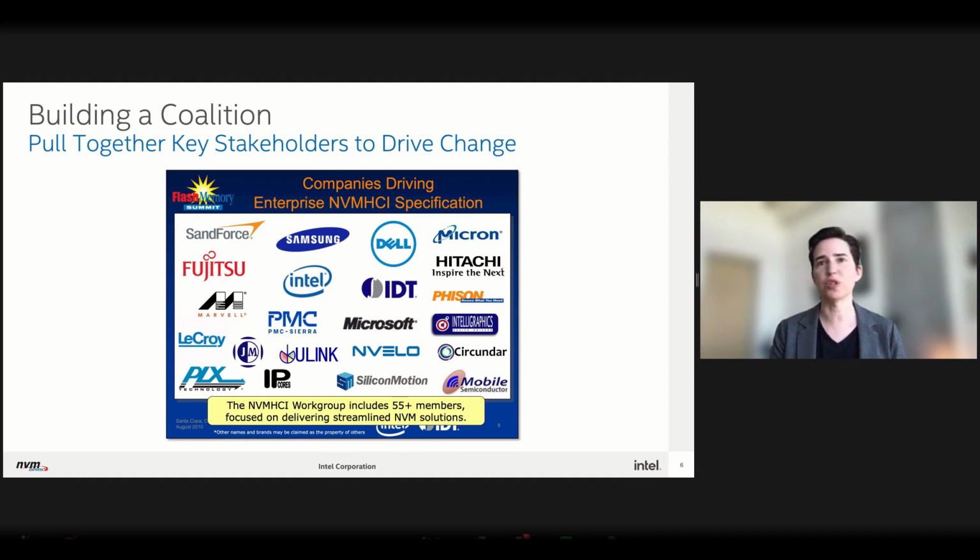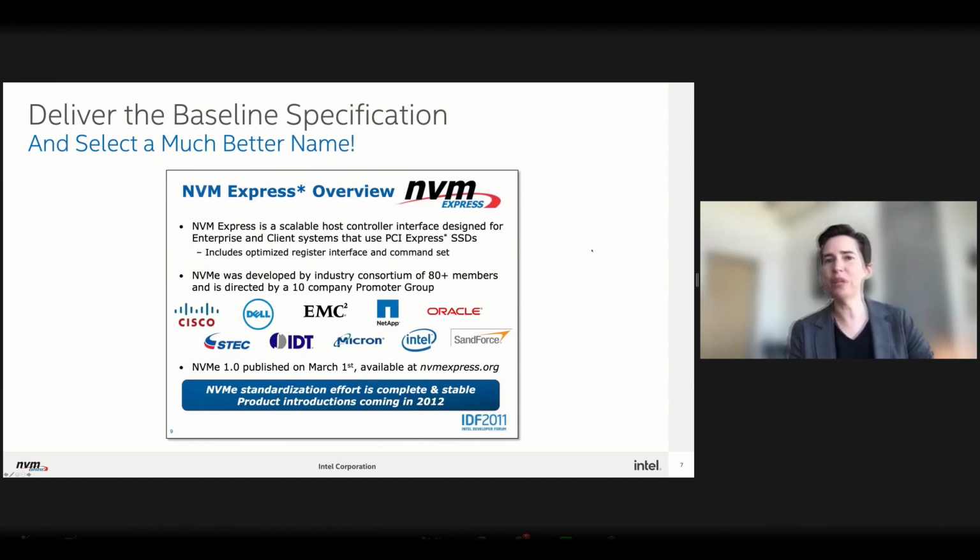If you recall, SandForce, for example, was very much moving forward before they got acquired by LSI. We completed the specification in 2011, and moved into what we hoped would be product introductions in 2012. We also formed a promoter group that exists to this day, which leads NVMe in the industry and tries to drive what makes sense and is best for the organization.